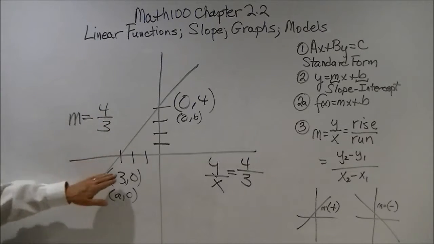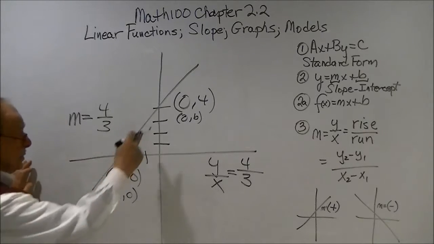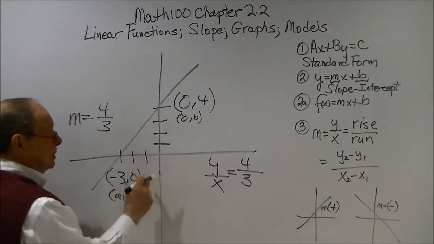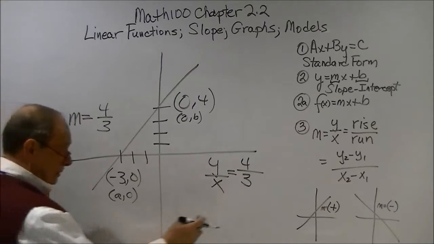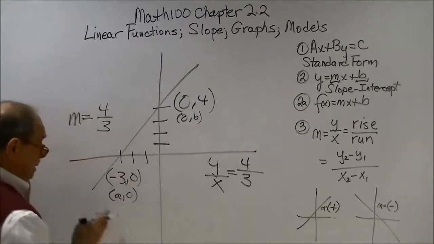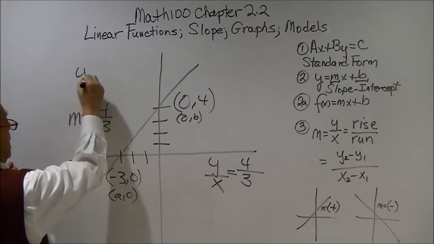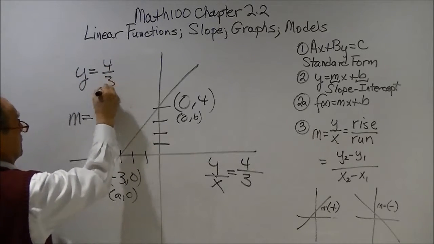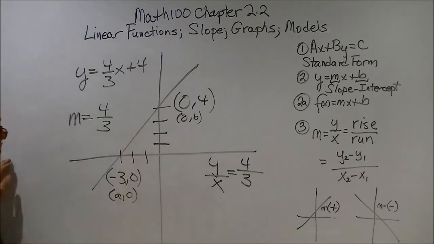So we now know the slope that we've taken right from the graph as a ratio of y units over x units, y over x. And we also know it's positive, because it's going up. That our equation then is going to be y equals 4/3, we have to add the x, plus 4. There's the equation of this particular graph.